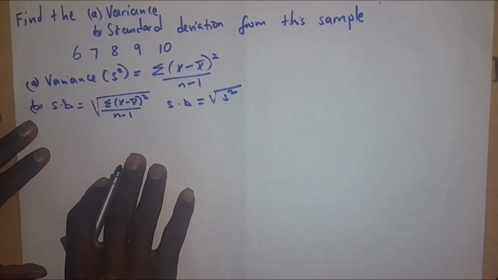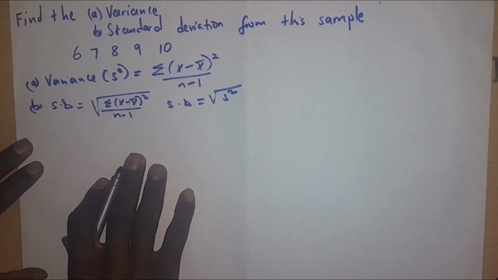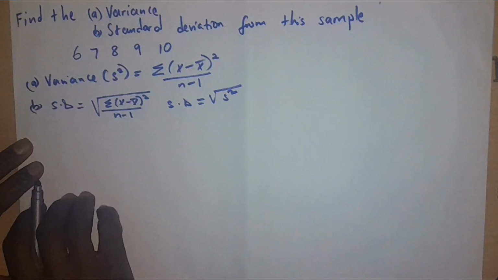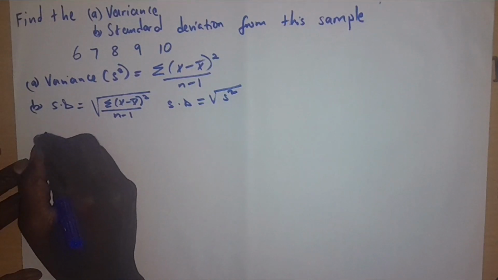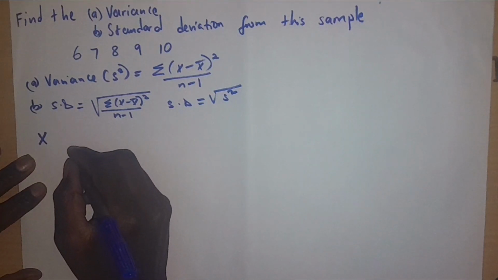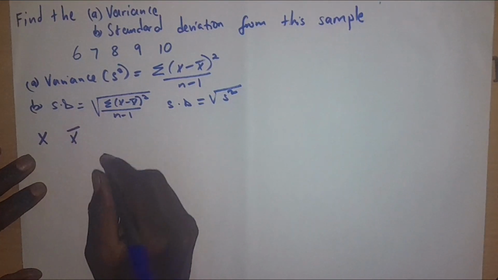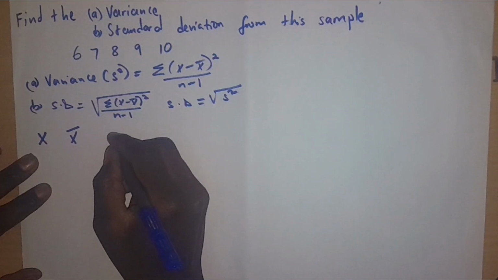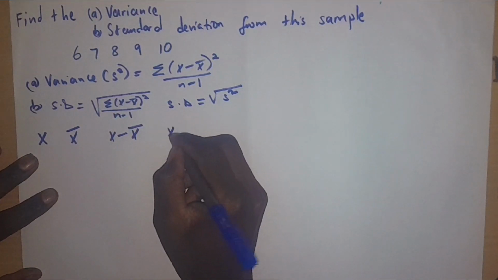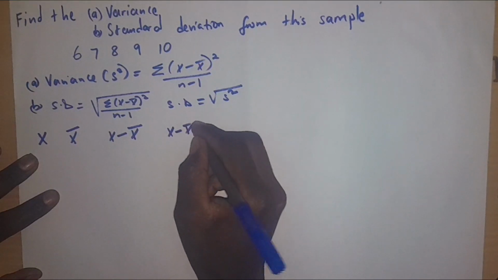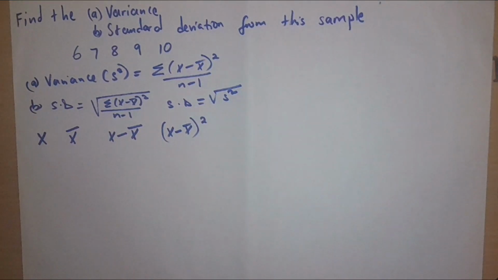Therefore, given this information, I'm going to draw a table in order to calculate the variance. I'm going to write the column for x, each data point, then the column for the mean, then the column for each data point minus the mean, and another column for each data point minus the mean, all squared.